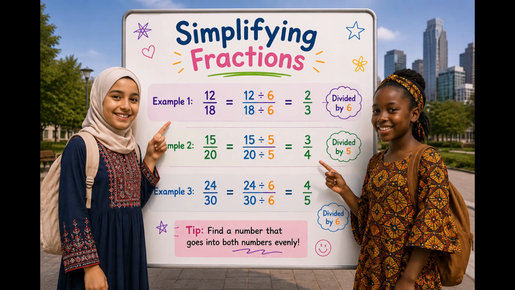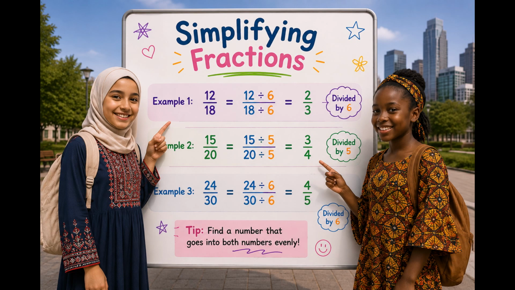So let's do example 2, 15 over 20. The greatest common factor that we used was 5. 15 divided by 5 gave us 3, and 20 divided by 5 gave us 4.